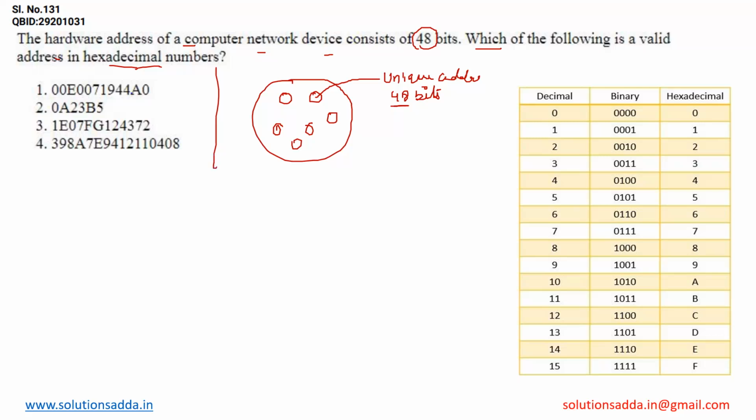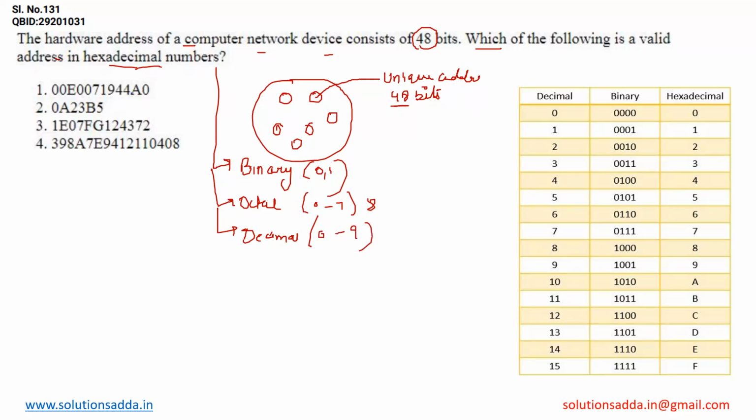Digital number systems are of 4 types. One is binary, in which only 2 values are possible, 0 and 1. Another is the octal number system, in which we have 0 to 7, total 8 elements. Next we have the decimal number system, with base 10, ranging from 0 to 9.